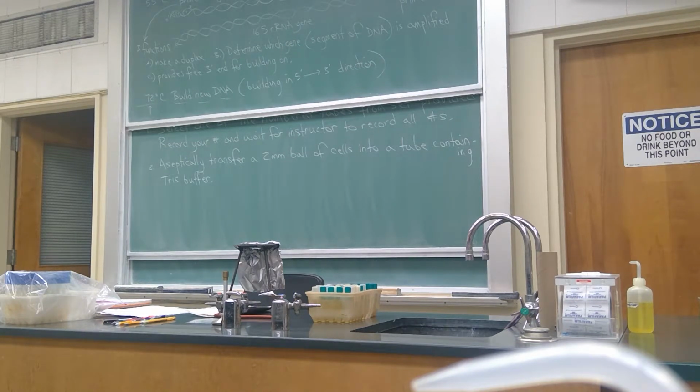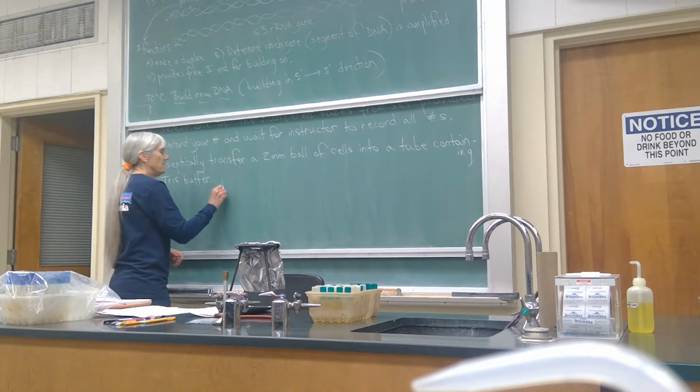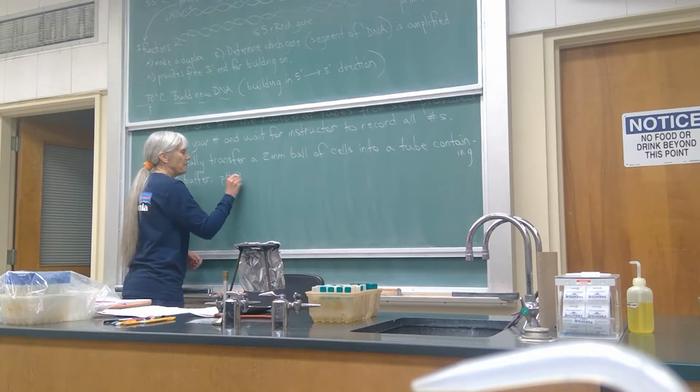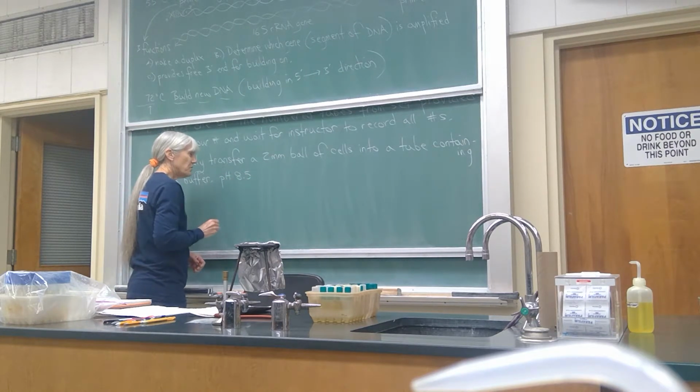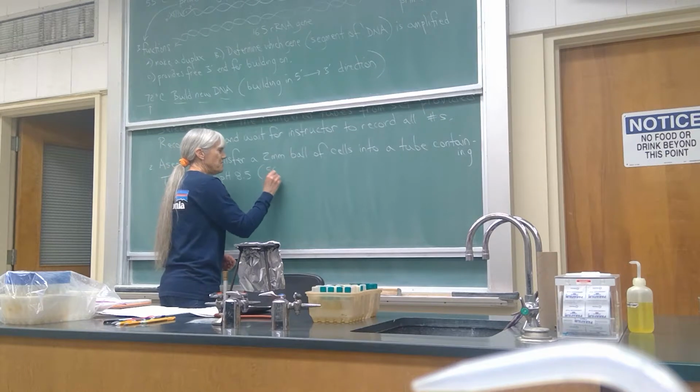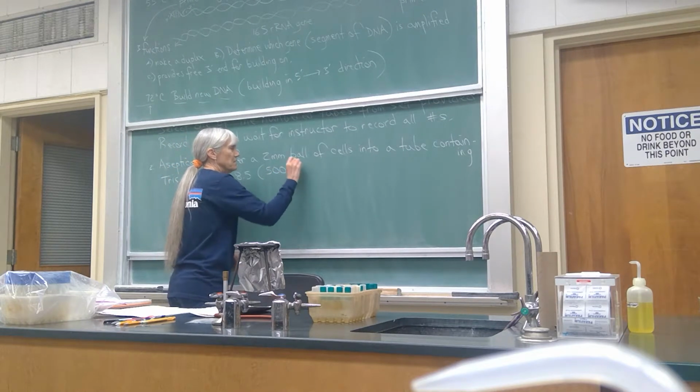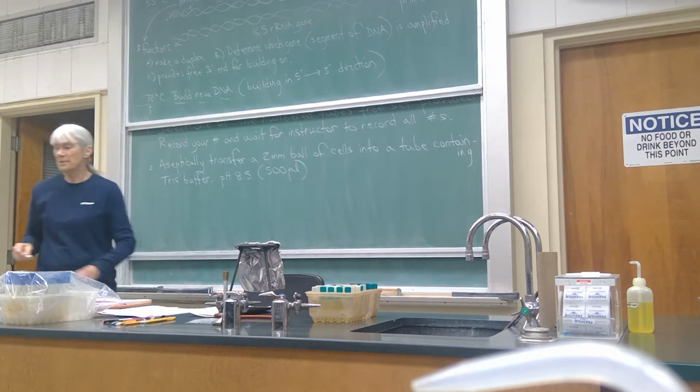So these don't have any marking except on the side. It says tris, and it says tris 8.5. That's the pH. So there's 500 microliters in each of these little tubes.